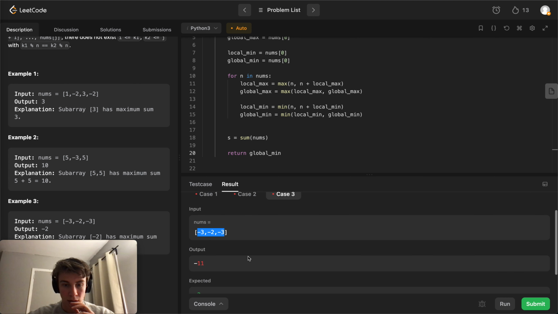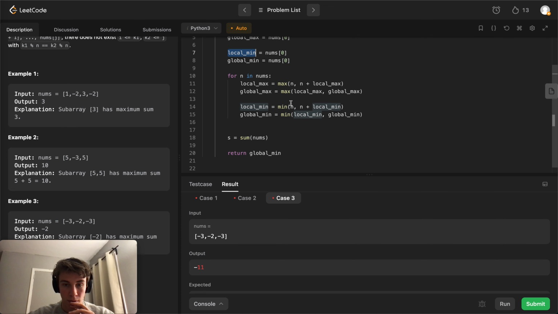Local min is the minimum of n, the current value, and n plus local min. I see what is going on here.